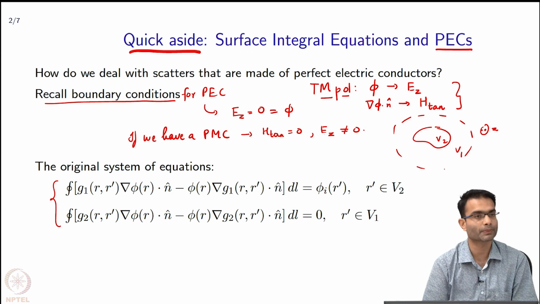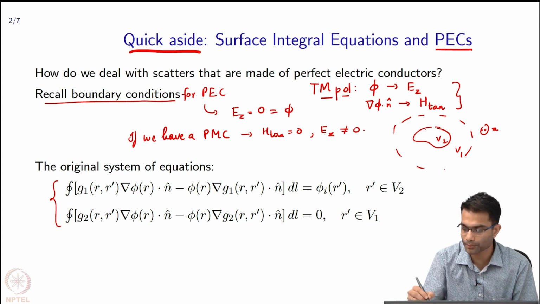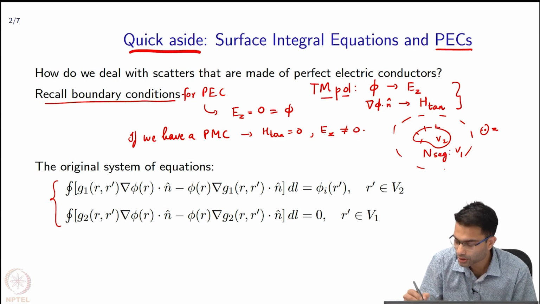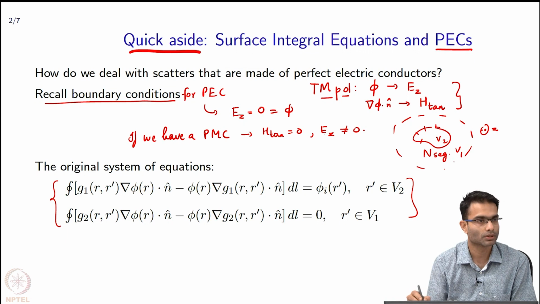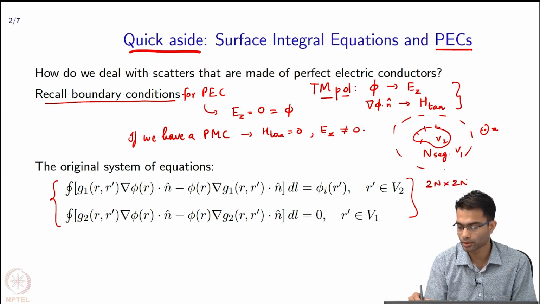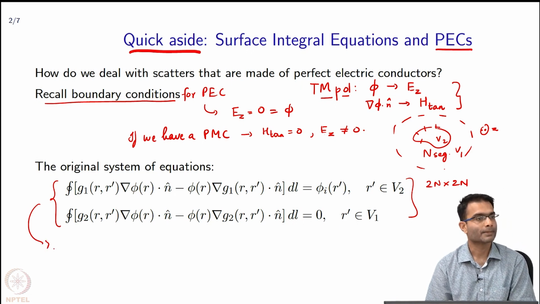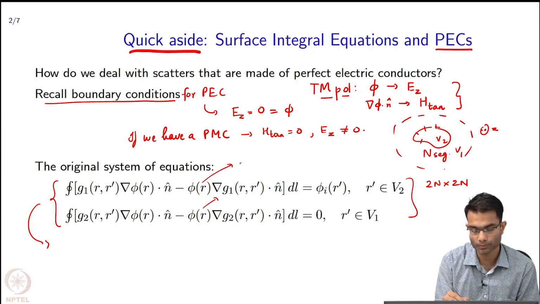So, what happens to my system of equations now? Earlier, supposing I broke up this surface into capital N segments, what was the size of the system of equations? 2N cross 2N. Now, in the case of PEC, which terms will survive and which will not? This term over here and this term over here are both 0.